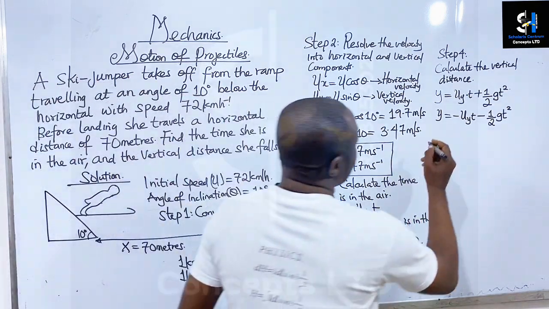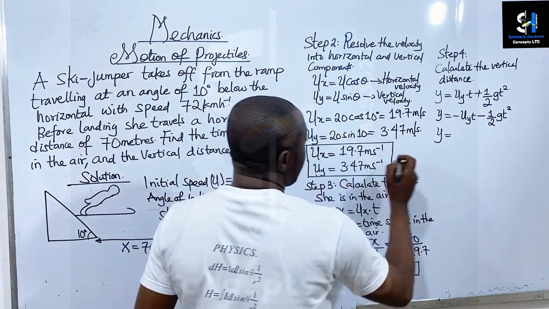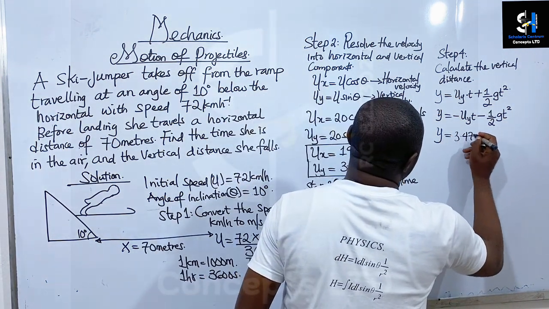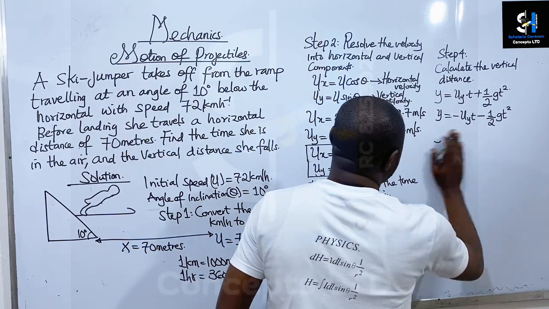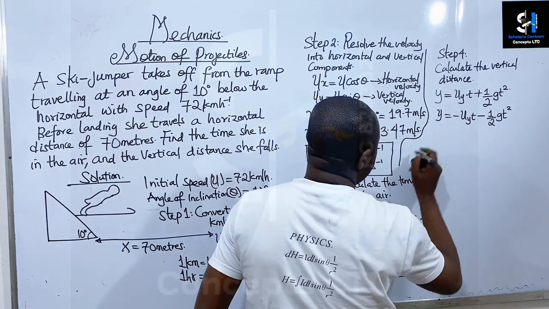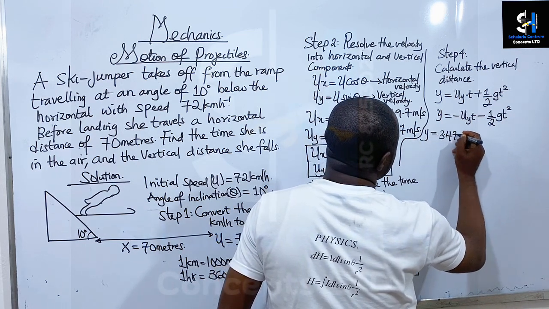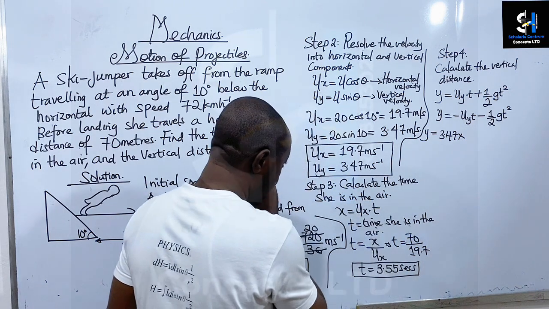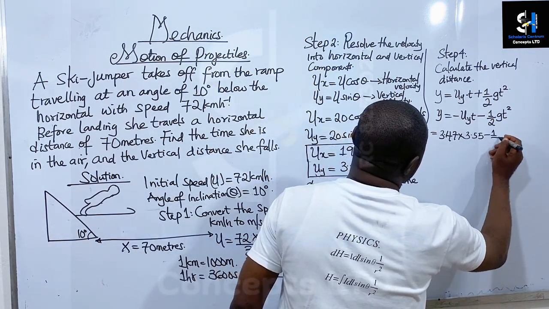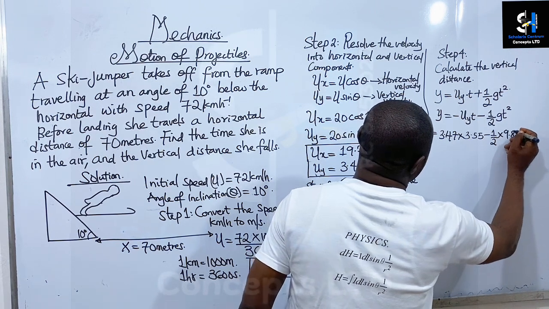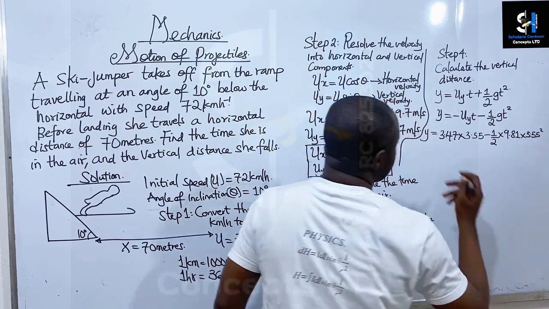So in this case, y equals uy, that is 3.47, multiplied by the time 3.55, minus 1/2 multiplied by 9.81 times 3.55 squared.